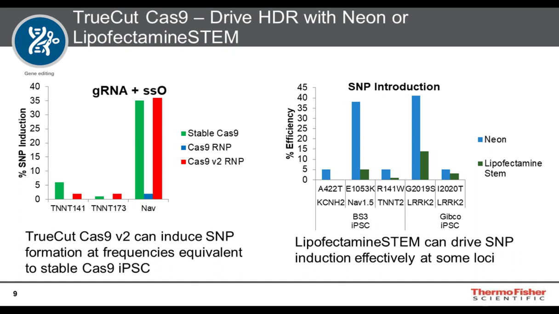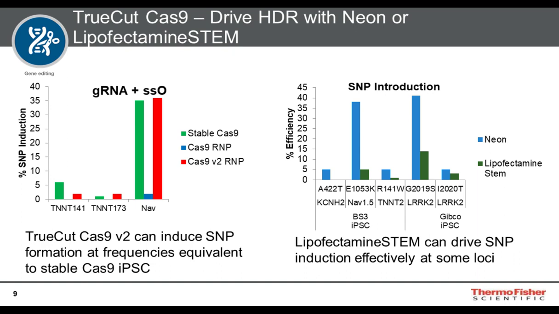However, we understand that sometimes you want to do editing in your own iPSC or in a specific patient-derived iPSC. So the tool that we derived there was our TrueCut Cas9 protein. It's a protein that complements with a guide RNA, and that guide RNA protein complex can then be delivered to the cells. On the left-hand side, you see the efficiency of SNP introduction on 3 different targets, using 3 of the tools that we've had in our catalog.